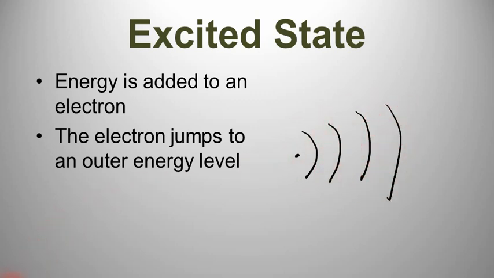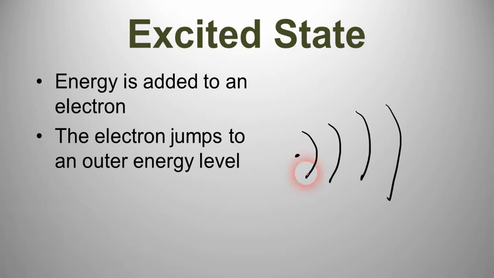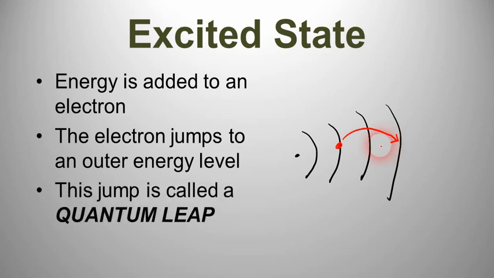And there is an electron, let's say it is in the second energy level right there, and that's its ground state. And we add energy to that electron, perhaps by means of adding electricity or adding heat in a flame, something like that. Well, that causes the electron to jump to an outer energy level. And by the way, when that happens, that jump is called a quantum leap.